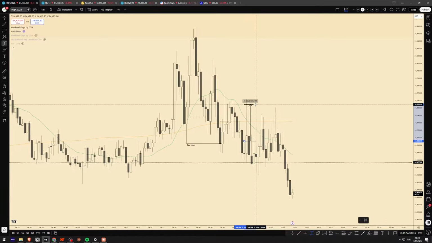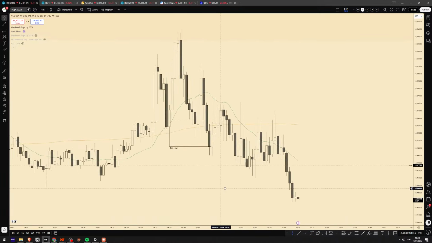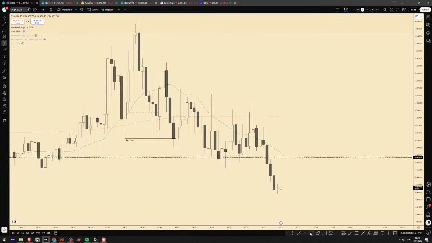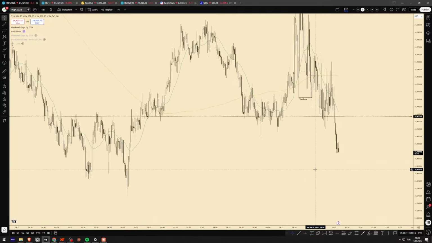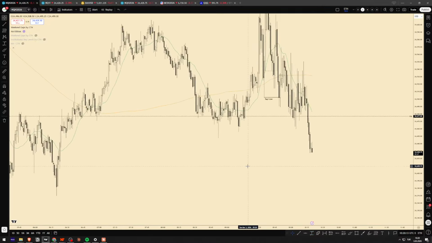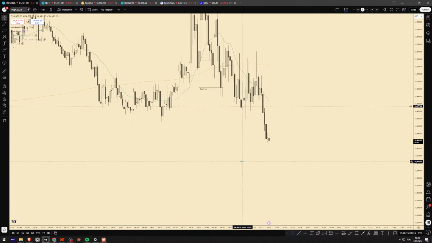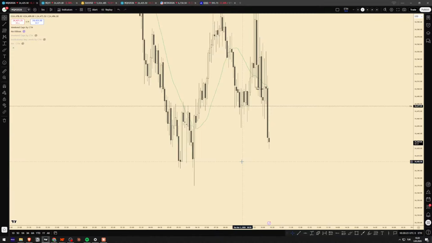I didn't take this one though. I take it after price comes back, and this one moved more than 1 or 2. Sometimes this kind of thing happens. I'm not going to be sorry about it, and I'm just going to focus on the next opportunity.